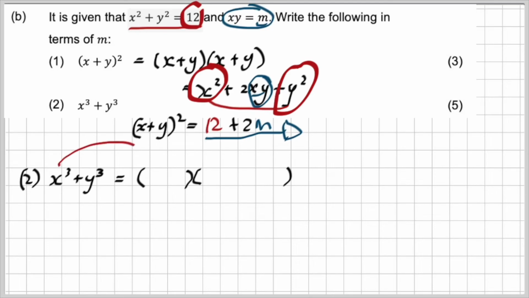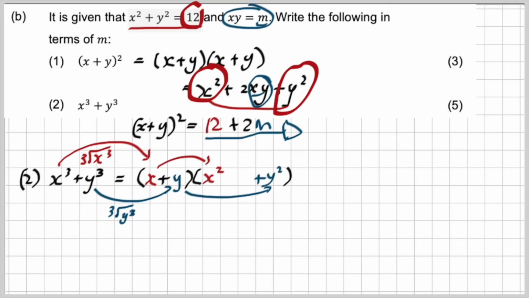So first of all, the cube root of X cubed and Y cubed. Then your back bracket, squaring that first X and squaring the Y. Now the middle term, X times Y, and change the plus to a minus.